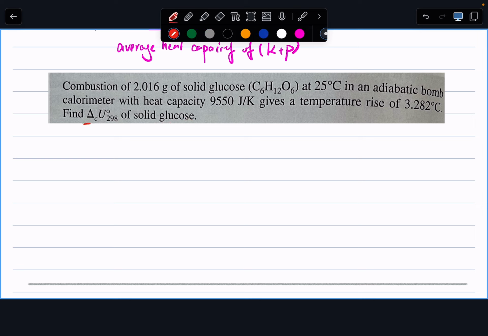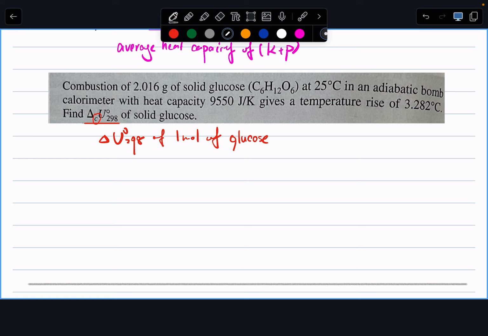And this effectively tells me that's the delta U naught 298 of 1 mole of glucose. So that little c tells you that's the delta U naught of 1 mole of glucose.